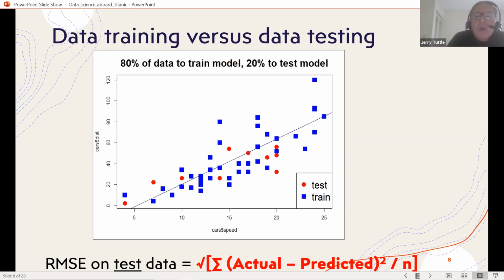But then when I want to ask how good is the straight line, I don't ask about it with the training data. I ask about it with the data that the regression hasn't seen, and that's the testing data, that's the red data. So I always test my models on the data it hasn't seen.